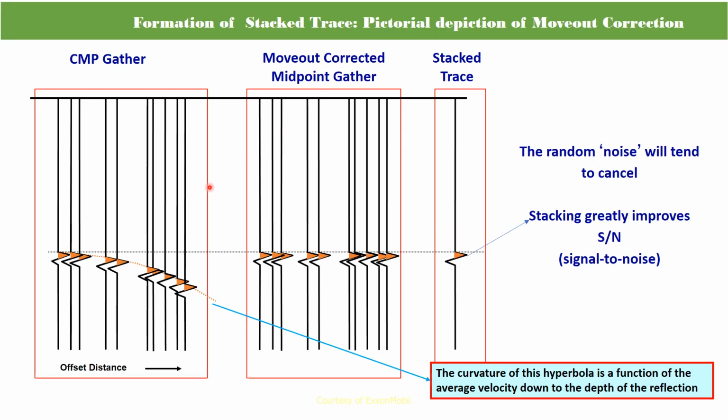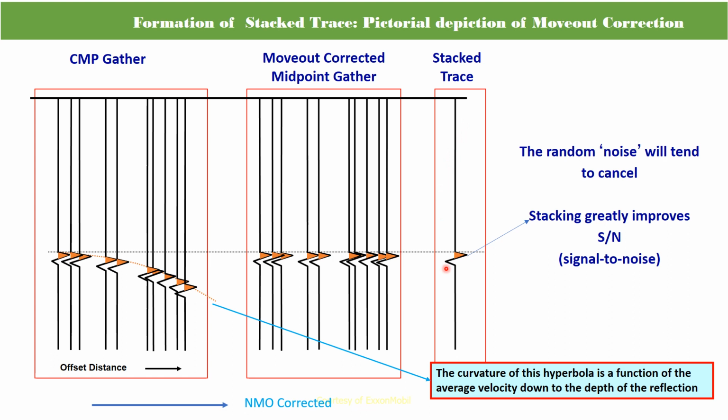So I was telling about how for a reflection curve the traces are arranged in such a way that they are not in a single line. So to fix that we have to do NMO correction. After NMO correction, with T minus T0, all the seismic traces come to a single line. When you stack these traces, the signal to noise ratio is greatly improved and we have a single trace.